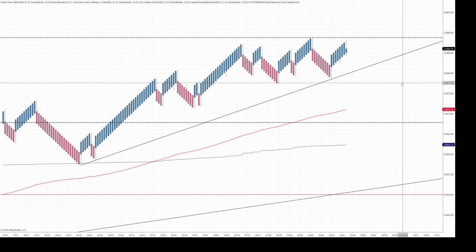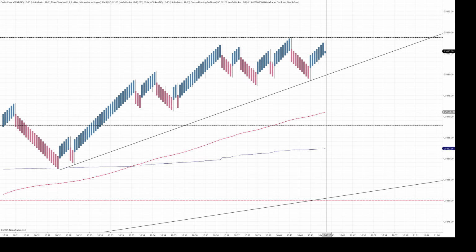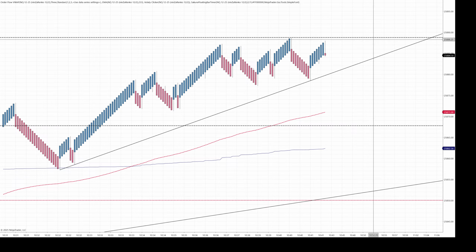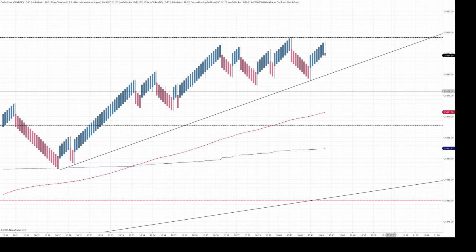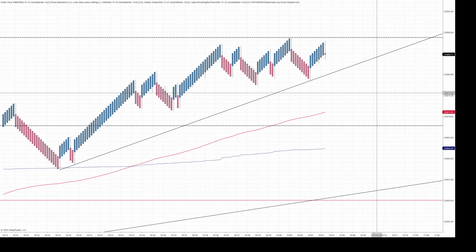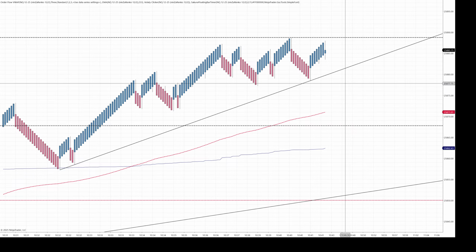The next potential trade we can take is if it pulls back down, retests the T line to go back up, assuming we have the runway for it.